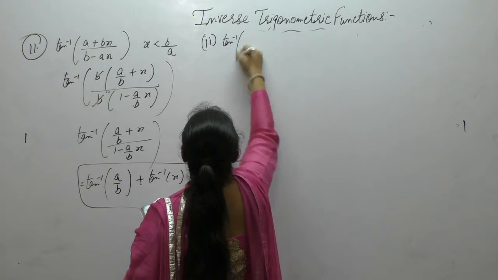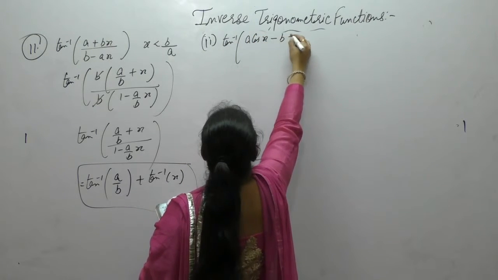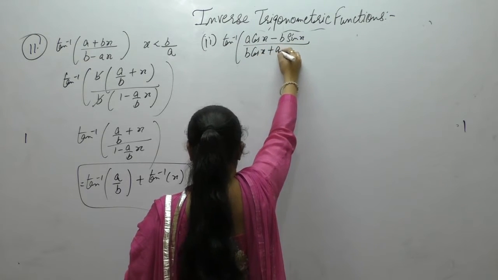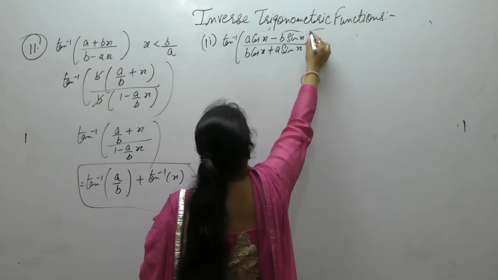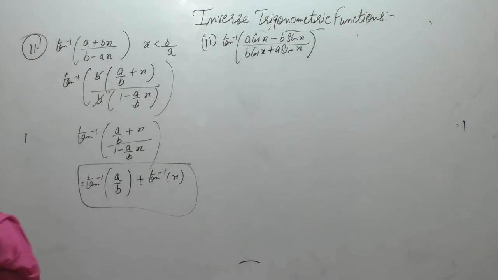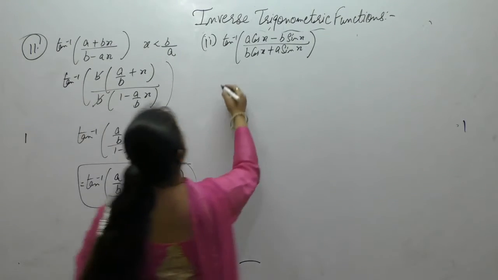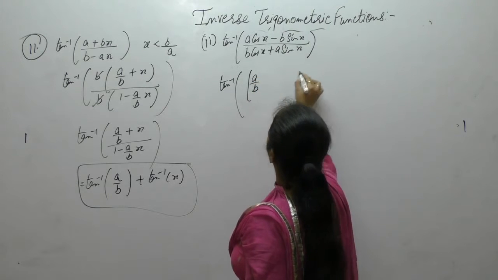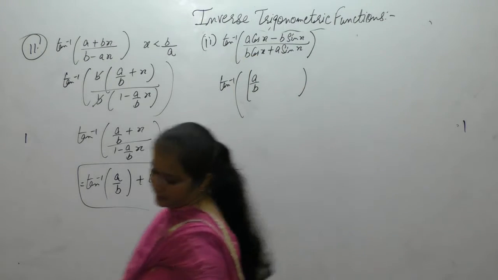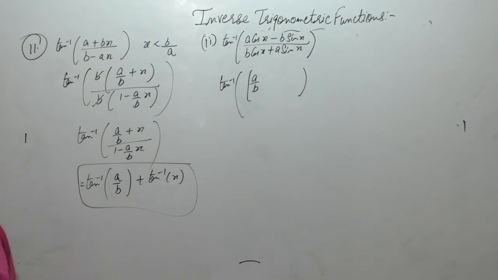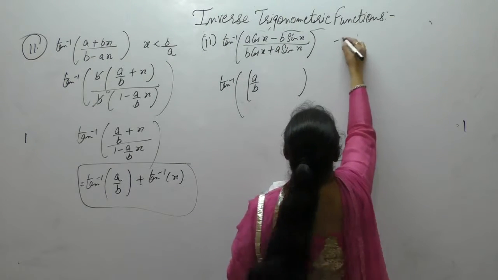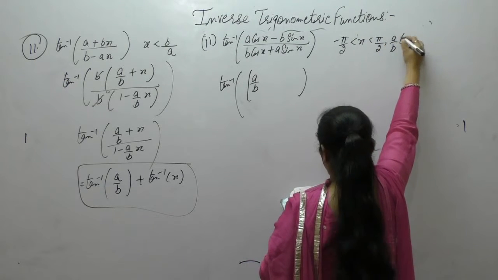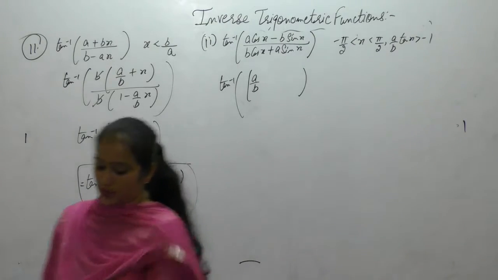Tan inverse of (a cos x minus b sin x) upon (b cos x plus a sin x). We are given the limit: minus pi by 2 is less than x less than pi by 2, and a upon b tan x is greater than minus 1.